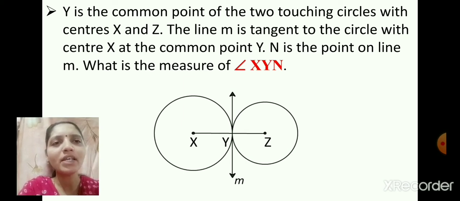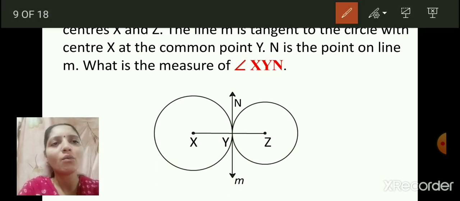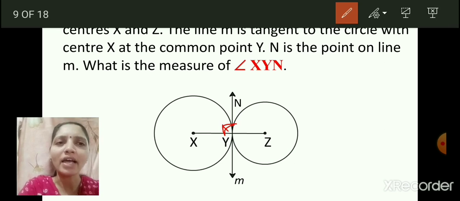We have drawn two circles, one with center X and another with center Z. Then we have drawn a line perpendicular to segment XZ at the common point Y. Then we have taken point N on line M. Now you can see one angle is formed here, angle XYN. So we have to find out the measure of this angle.